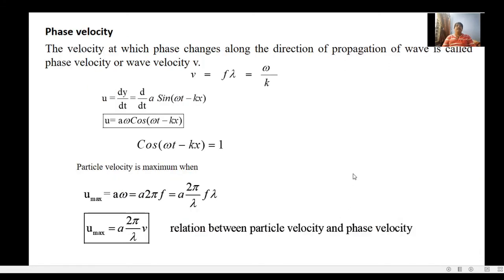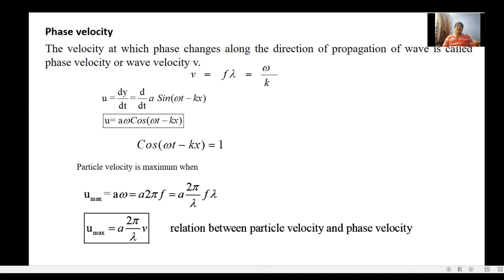Next, phase velocity. The phase velocity is the velocity with which the disturbance propagates in the given medium. It is also defined as the velocity at which phase changes along the direction of propagation of the wave, called phase velocity or wave velocity.